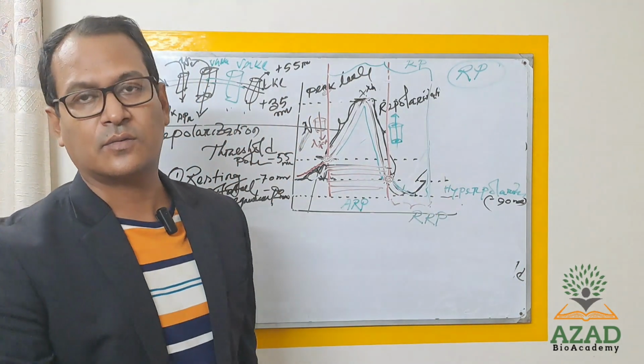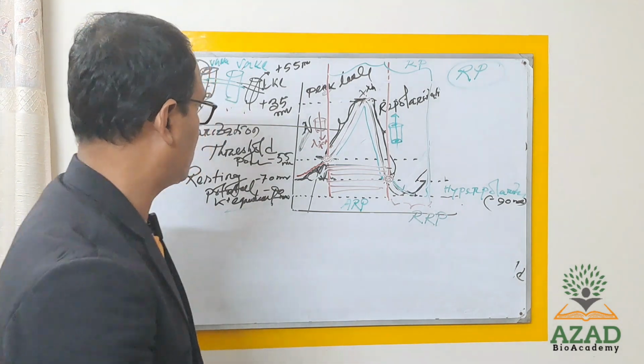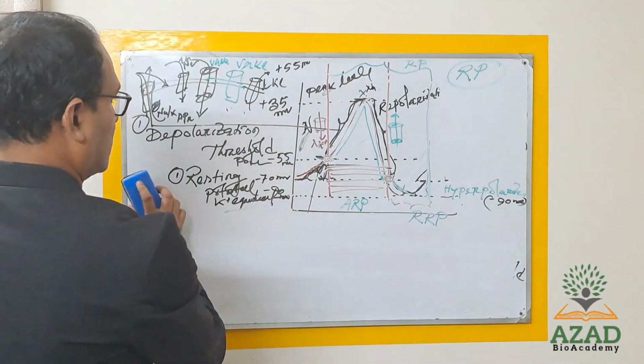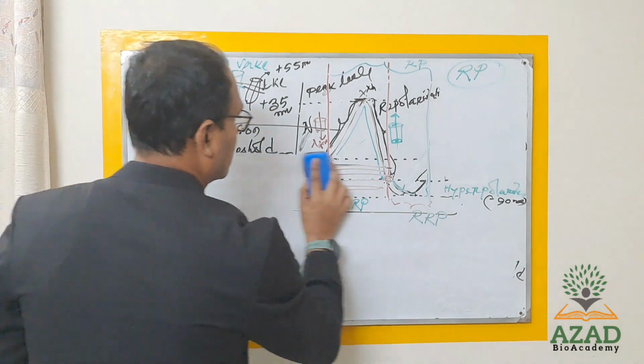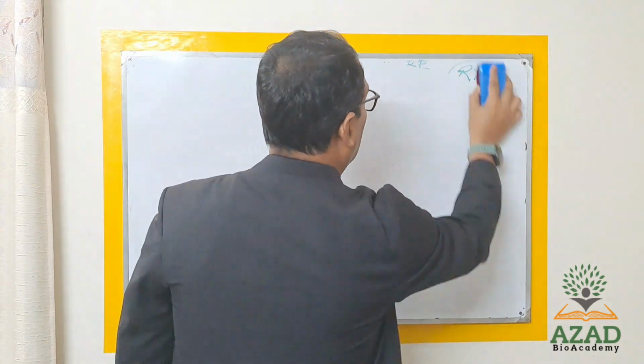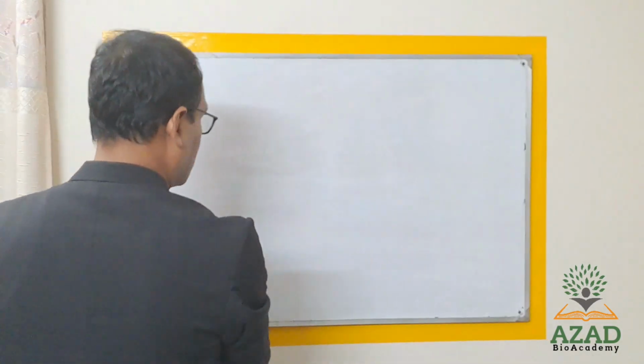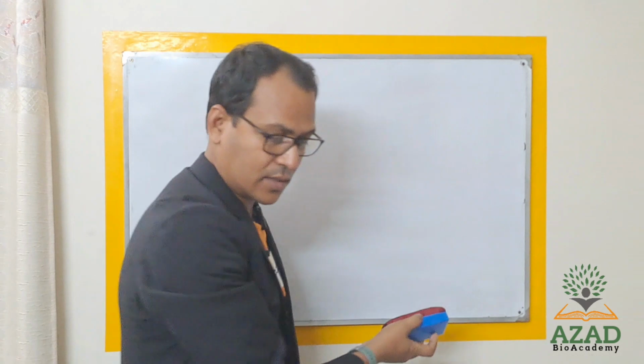The next discussion will be on conduction of action potential. Okay, so come to the point. What would be the conduction pathway of action potential? How will it conduct from one part to another?